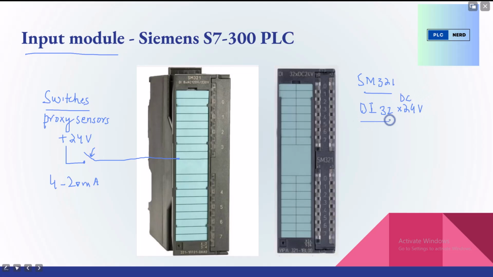It means that this module or this card has 32 channels, and each channel takes a 24-volt digital signal as an input. The 24-volt digital signal, as I showed you in this case, may come from sensors that have been installed in the field. There may be some switches, some proximity sensors, speed monitors, etc. So the input module takes care of the signals coming from various sensors, switches, etc.